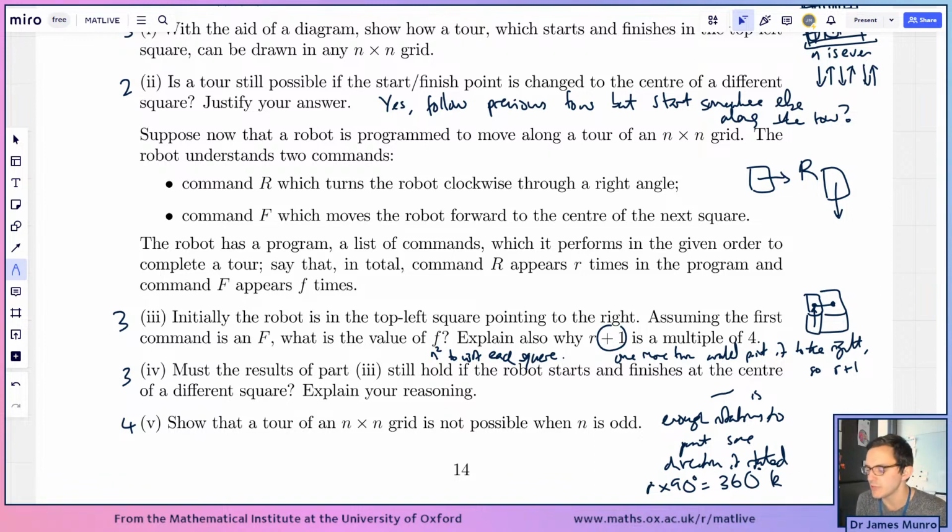Do they still hold if the robot starts and finishes at the centre of a different square? I guess it still does n squared forward discovery moves, discovering squares, but I'm not convinced about this spinning thing, because I reckon it could come in from a different direction. Let's try and draw a better version of the trousers picture.